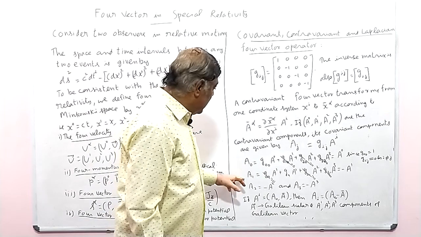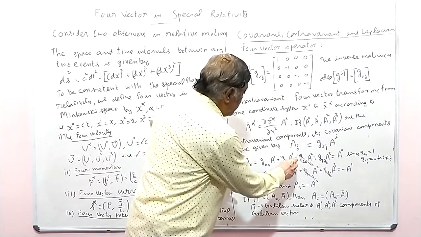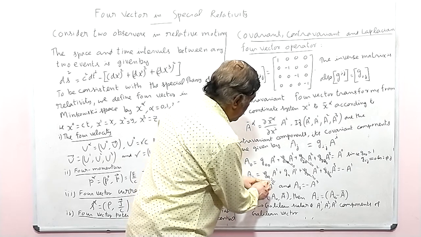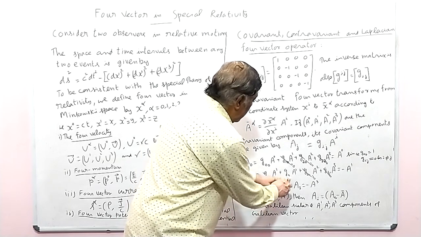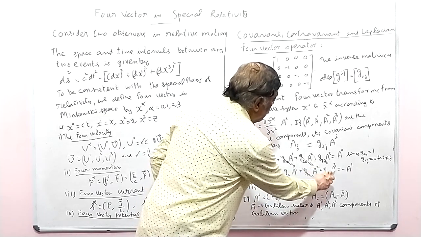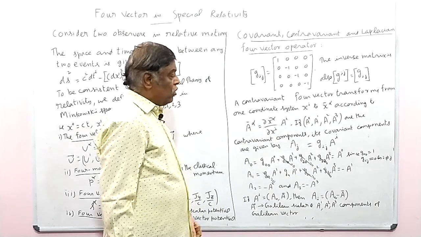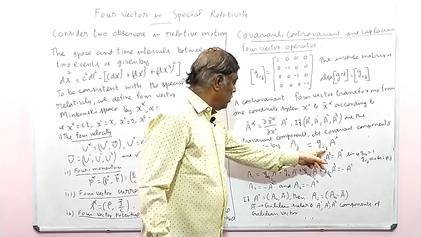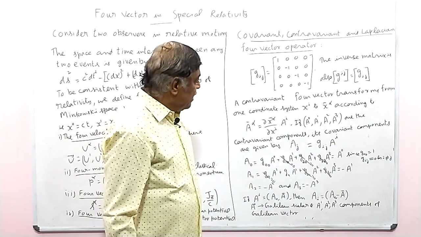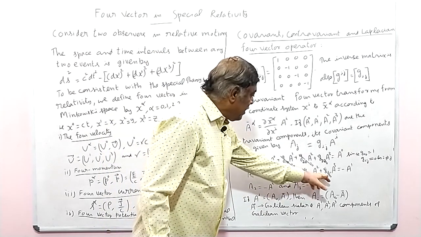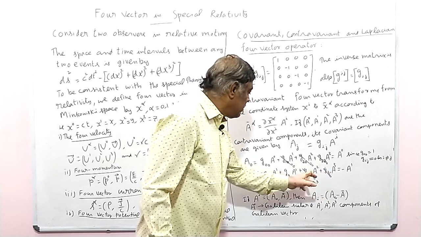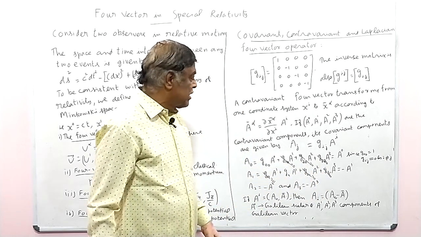Similarly, you can find A_1. You put j equal to 1 and perform the summation over i: G01 A^0, G11 A^1, G21 A^2 and G31 A^3. If you put j equal to 1 and perform the summation over i from 0 to 3, then when i is not equal to j, the term will be 0, so all three of these terms get cancelled.